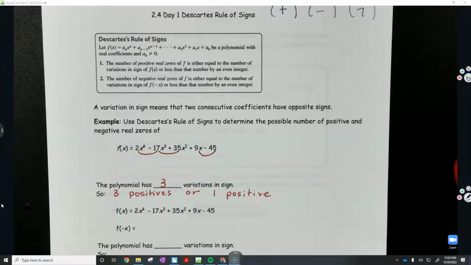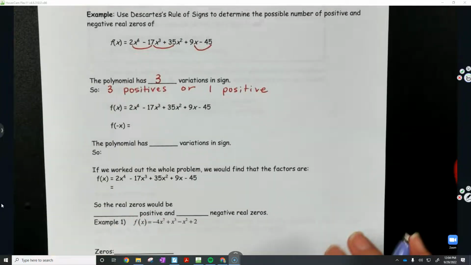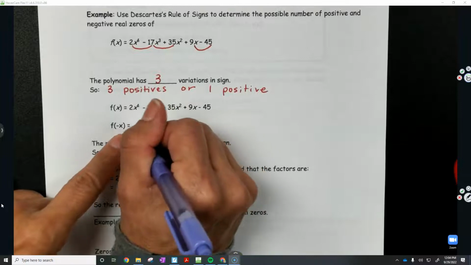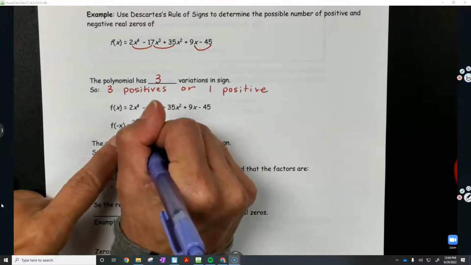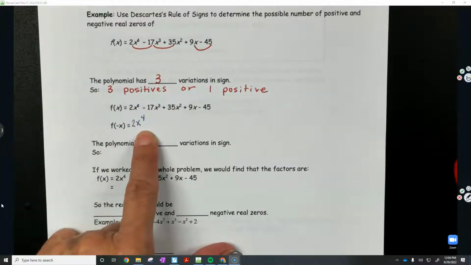All right, on the flip side, not only did he discover that, he also discovered you could figure out the negative x-intercepts if you plug in for negative x, which is what we're going to do down here. So let me move this up to make sure everybody can see. All right, so when we plug in negative x, remember anything that has an even degree is going to stay the same sign.